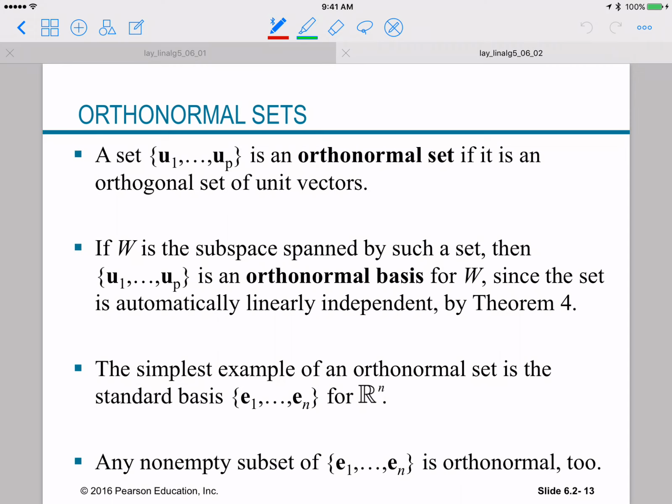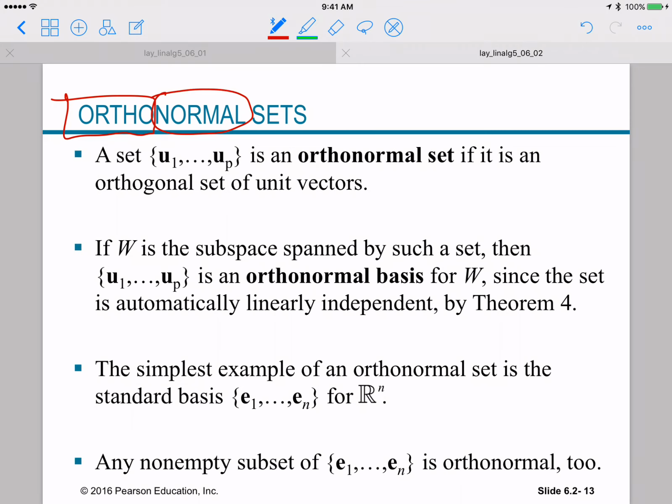The next thing starts with this ortho, but it has a different second term: normal. So, orthonormal sets. In this chapter we studied orthogonal sets.